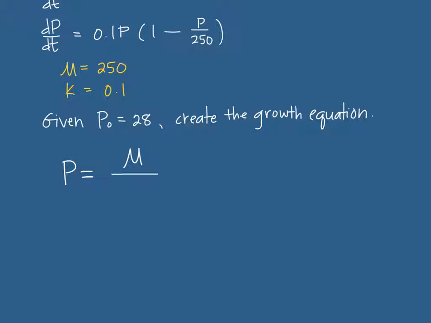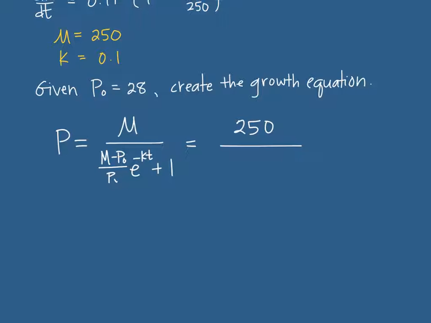So P equals M over M minus P sub 0 over P sub 0 e to the negative kt plus 1. And so this would be 250 over 250 minus 28 over 28 e to the negative 0.1t plus 1.